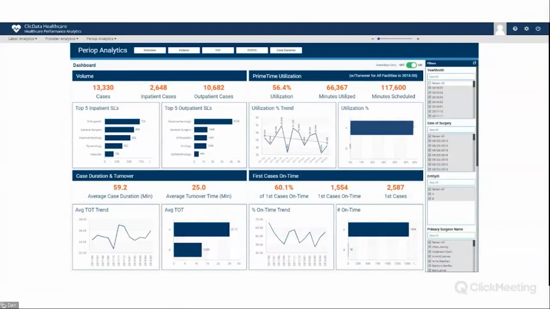The less time that you're using the OR, that's time, that's money that's being lost. So if it's taking you longer to turn over certain types of cases, you may want to look into that and understand where your performance needs to be in terms of that turnover time. In addition to getting started at the beginning of the day.